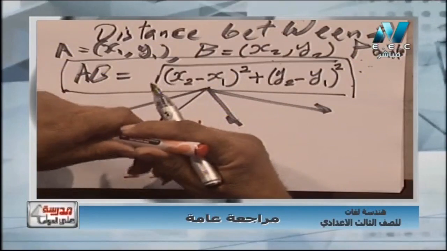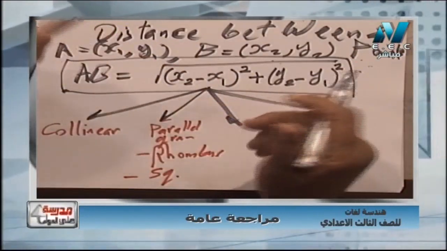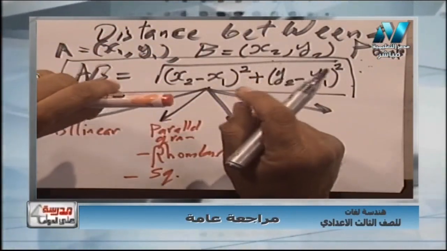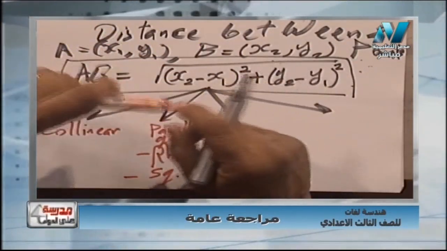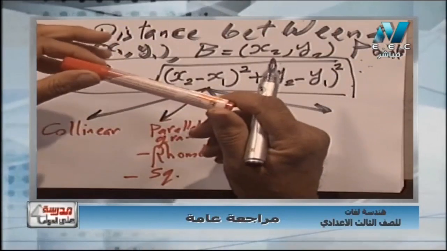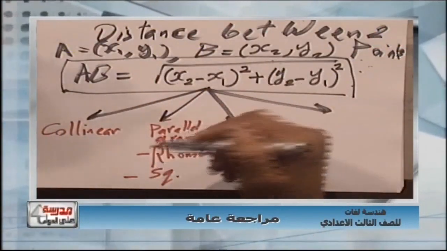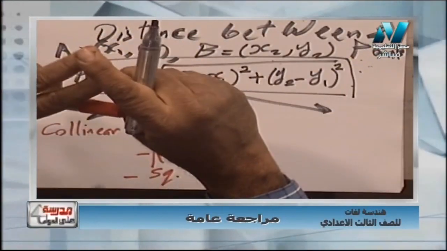That's enough to prove a parallelogram. Okay, rhombus: not only opposite sides, yes, but also all sides in a rhombus are equal, as you know. Okay, square, we must prove the diagonals equal and also all sides are equal.